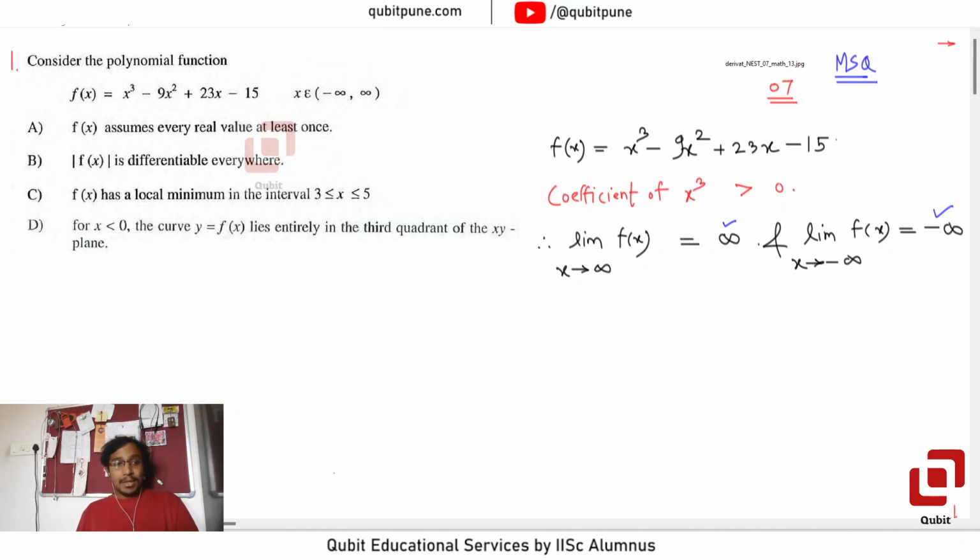Now we know that f of x is a polynomial, and for polynomials, we know the characteristic that they are continuous and differentiable everywhere.